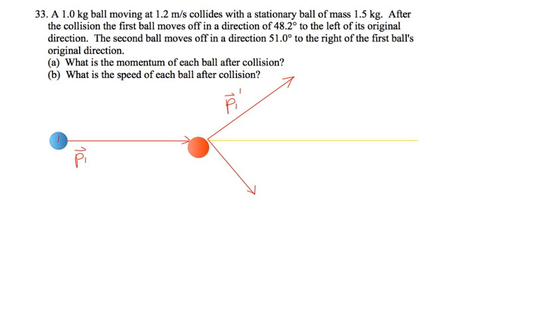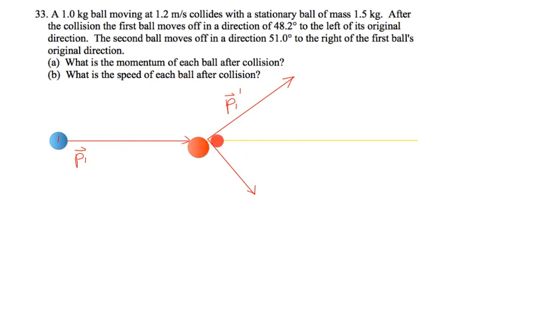The reason why I drew it that long is because I know that the vertical distance from the end of this vector to the x-axis should be the same as the end of that vector to the x-axis, because my two y components have to cancel out. There was no y momentum before collision, so there can be no y after. All the momentum has to be in the x direction.